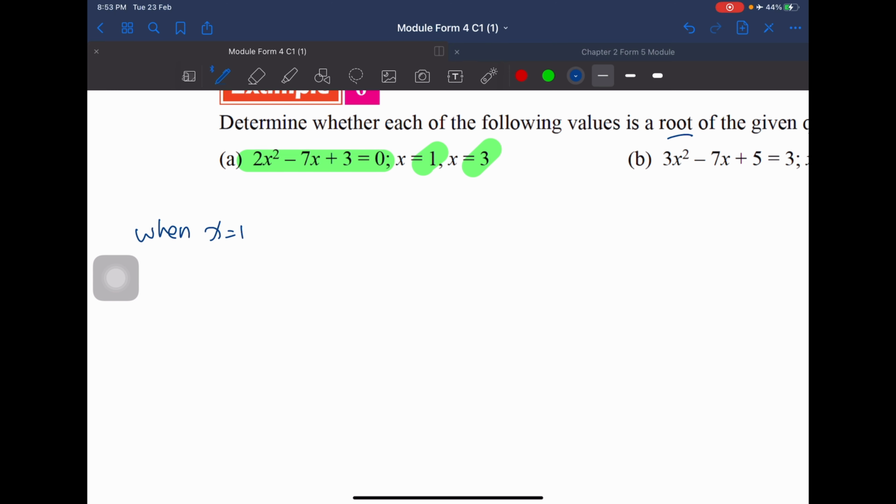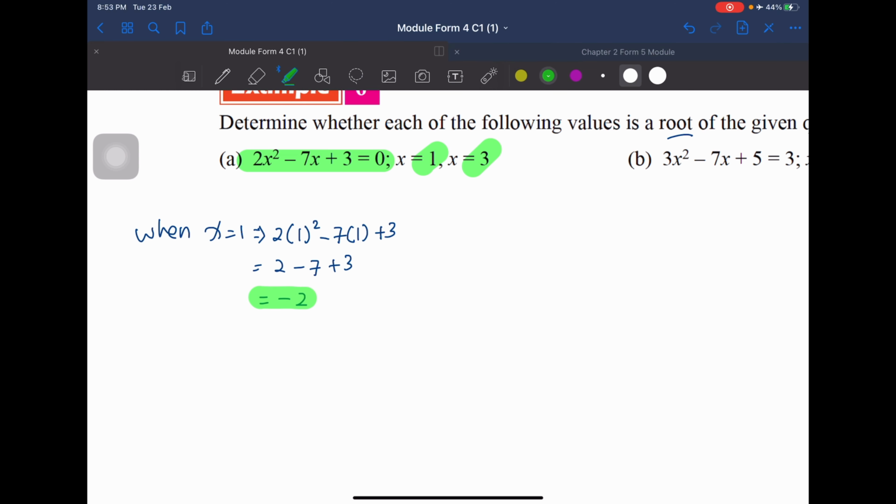So you just simply substitute the value of 1 into this equation. So what you have is 2 times 1 square minus 7 times 1 plus 3. So what will you get? So 2 times 1 is 2 minus 7 plus 3. So you have negative 2. If you take a look over here, your answer is negative 2.